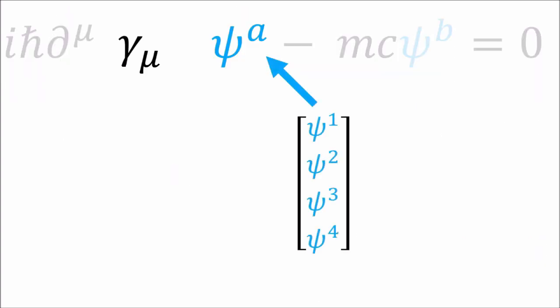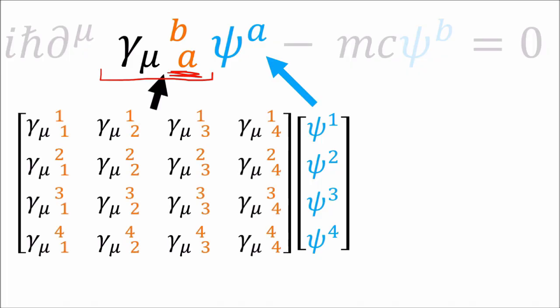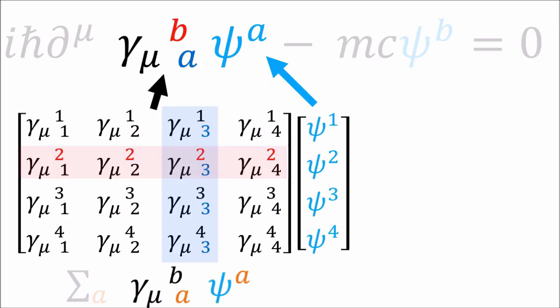Since the Dirac spinor is multiplied by these gamma matrices, we should also give the gamma matrices 2 spinor indices to help keep track of their 16 components. The first index indicates the matrix row, and the second index indicates the matrix column. So the multiplication between gamma and the Dirac spinor can be written as a summation over spinor indices like this.